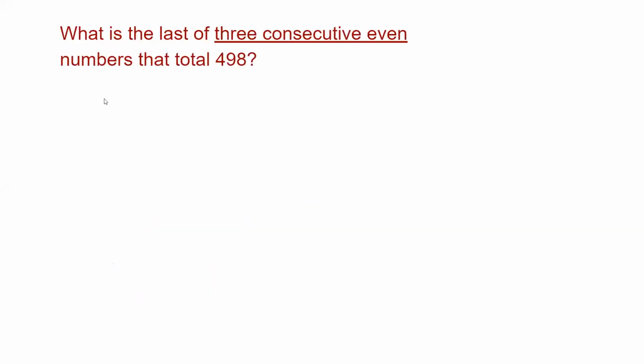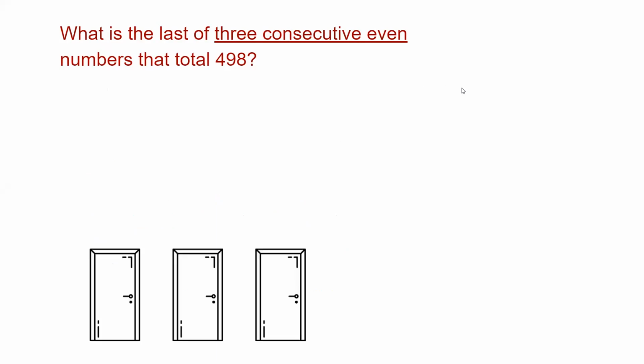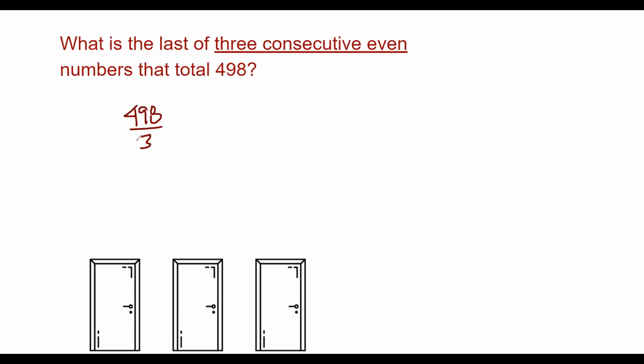What is the last of three consecutive even numbers that total 498? So I'm going to keep this picture of three doors in my mind. We're going to start out by dividing 498 by 3. Grab your calculator. 498 divided by 3, and we get 166. Now keep in mind that that's just the middle point.